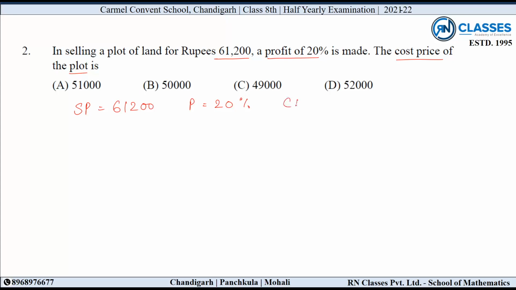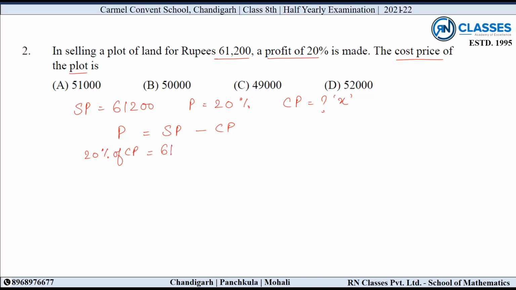Let's assume the cost price to be X. Profit is selling price minus cost price, because cost price has to be less than selling price when there is a profit.